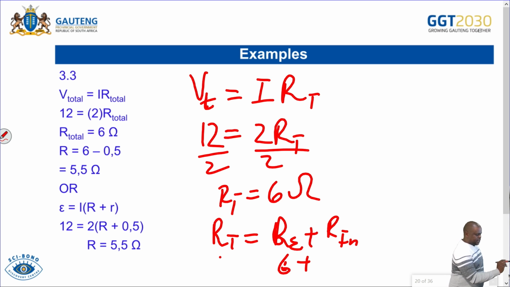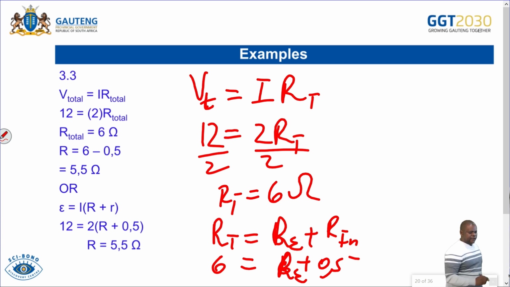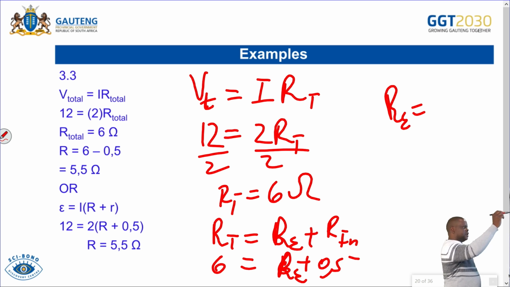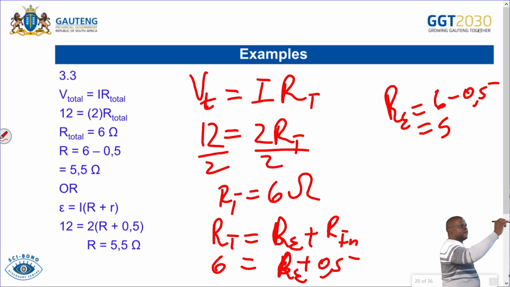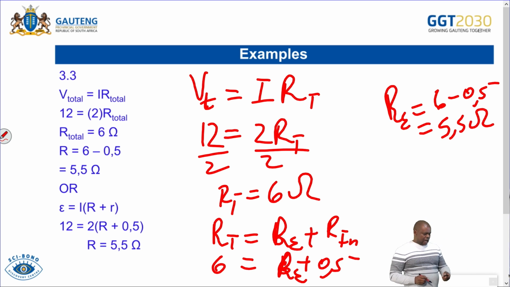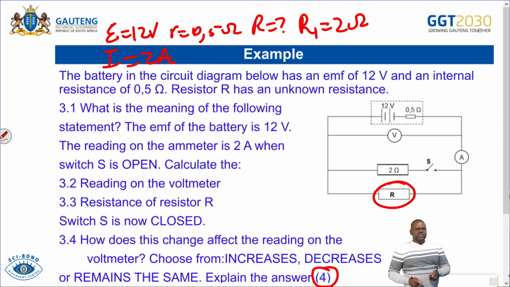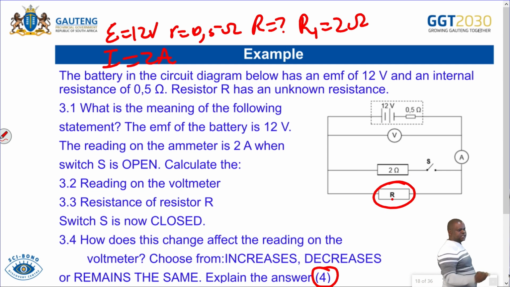This 6 is equal to R external plus 0.5. Then from there, R external is equal to 6 minus 0.5, which gives us 5.5 ohm.